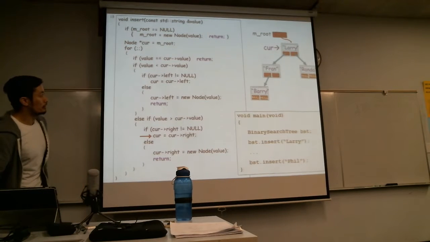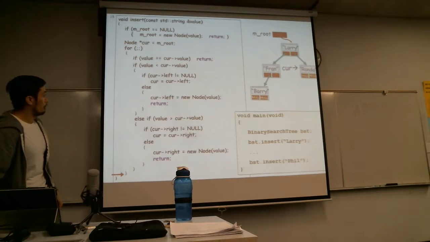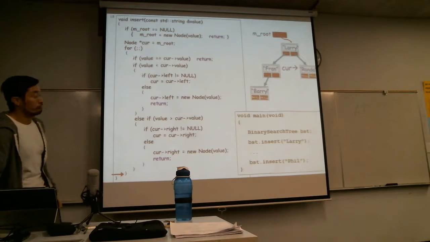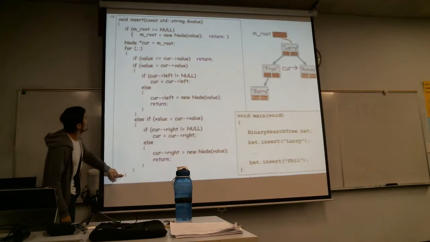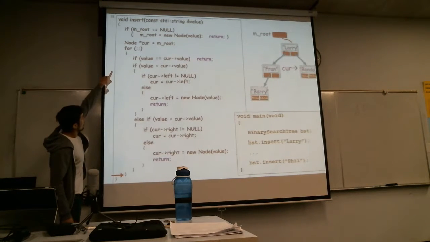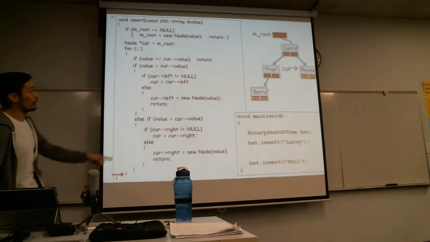Wait, Rhonda or Larry's? Larry, sorry, I stepped ahead. So now what happens? Well, this matches up with the for loop. Yeah, we go back to the top and do this whole process again, but with Rhonda, right?